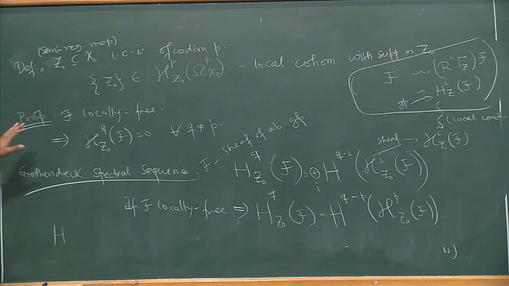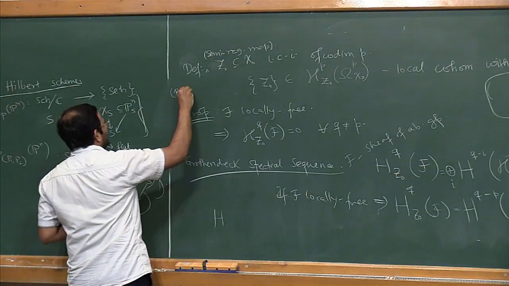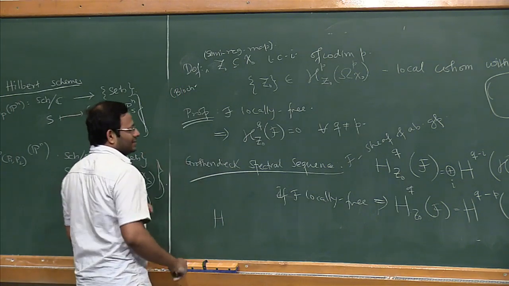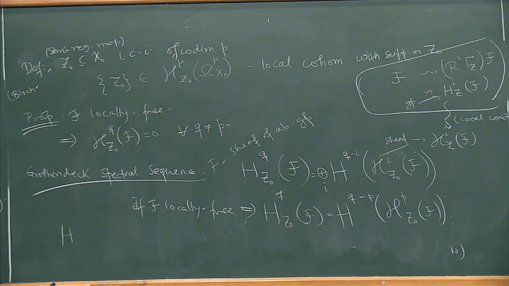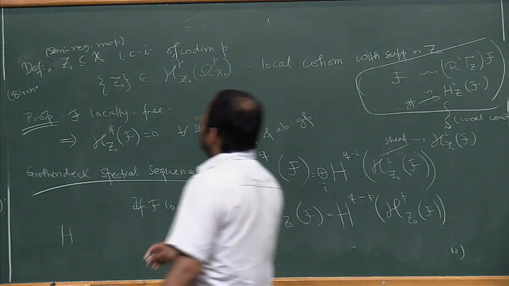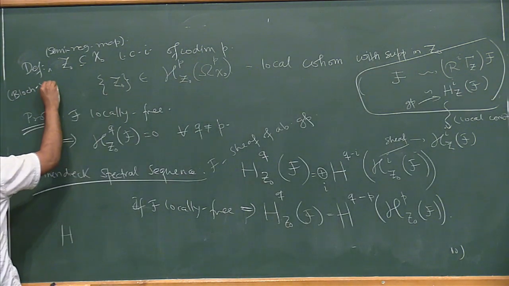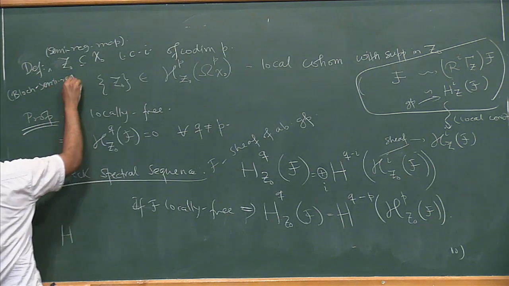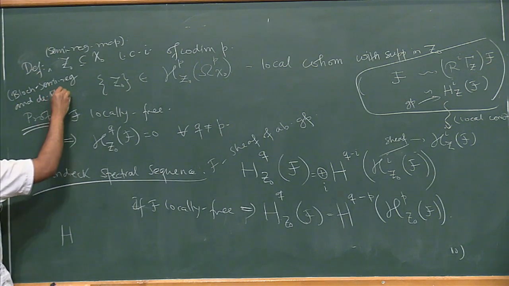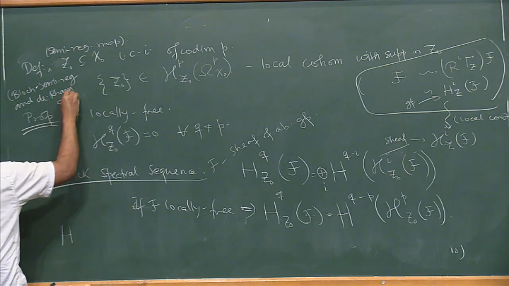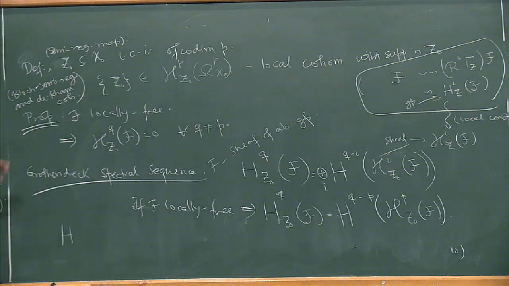This construction is very standard. You can see it in Bloch's article, I think the article is called semi-regularity and de Rham cohomology. This is a very easy description using Čech cohomology of this cycle.